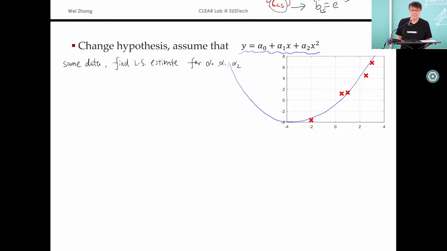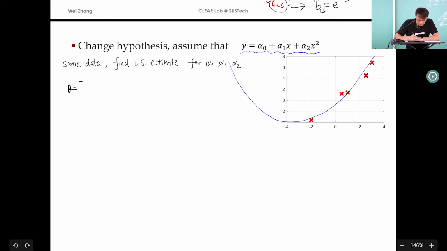But as long as the measurement equation is linear in the parameter, you're fine. I don't care whether it's nonlinear in x or not. It's linear in the unknowns you want to find. It's linear in alpha, okay? So that's least square, a linear least square. So let's say theta equal to alpha 0, alpha 1, alpha 2.